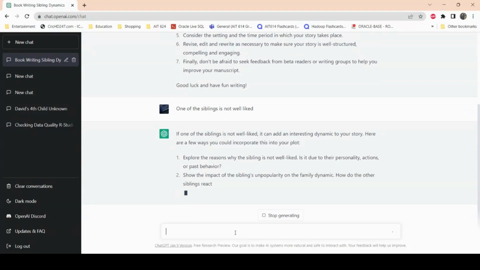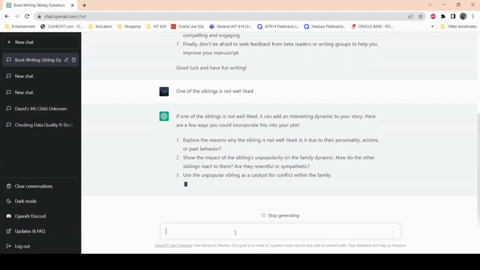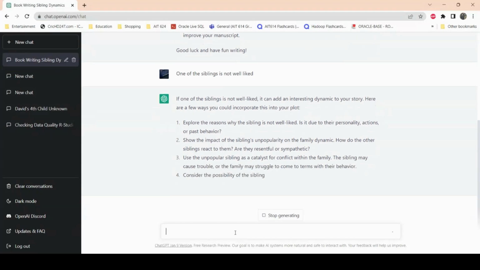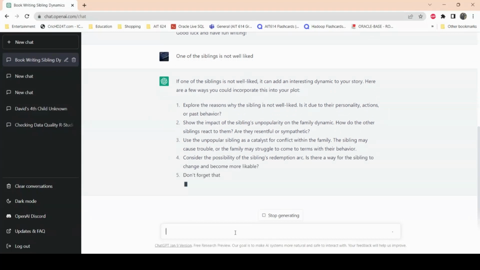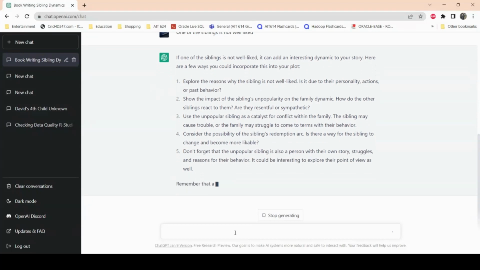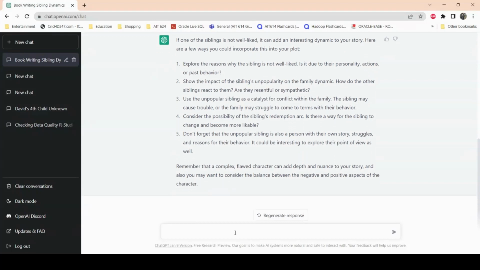So let's see if the idea changes or anything like that or not. So it's saying that if one of the siblings is not well liked, it can add an interesting dynamic to your story. Here are a few ways you can incorporate this into your plot. Explore the reasons why the sibling is not well liked. Is it due to their personality, action, or past behavior? Show the impact of the sibling's unpopularity on the family dynamic. How do other siblings react to them?